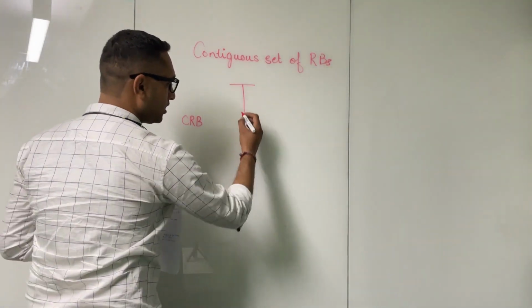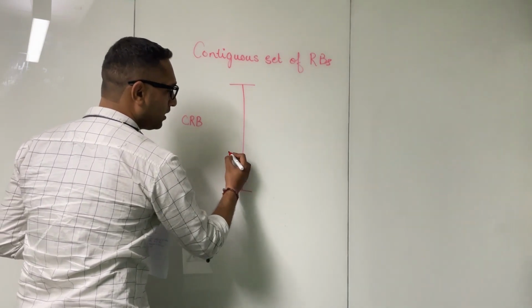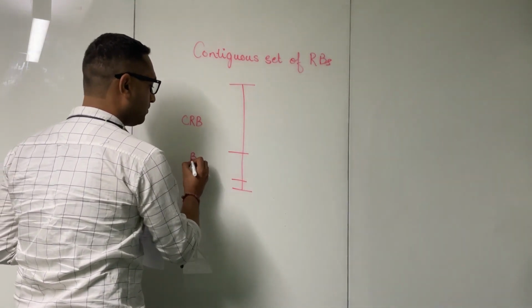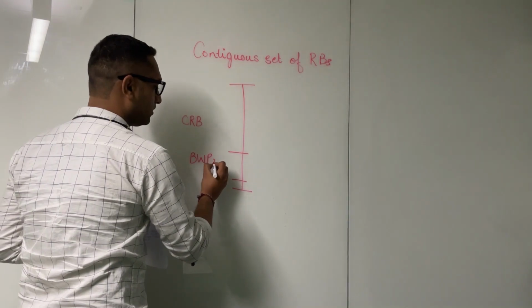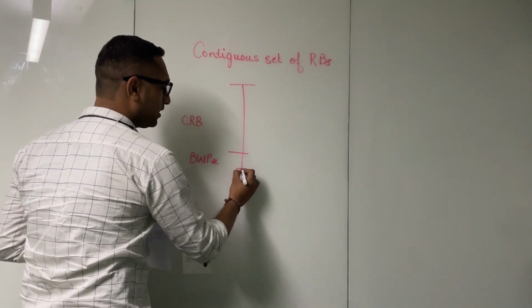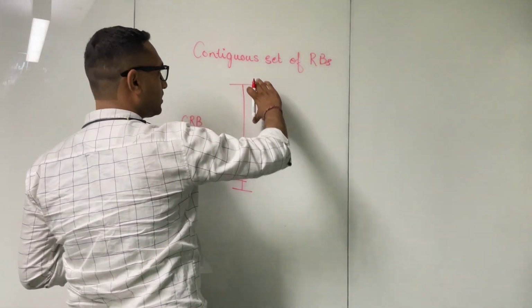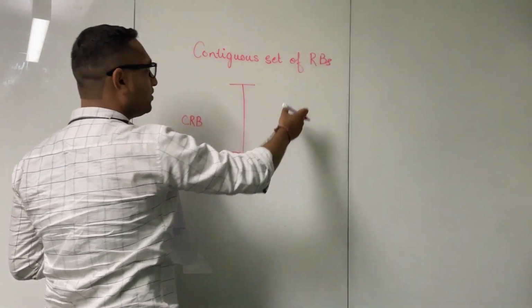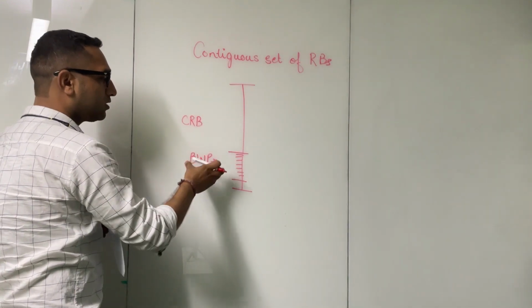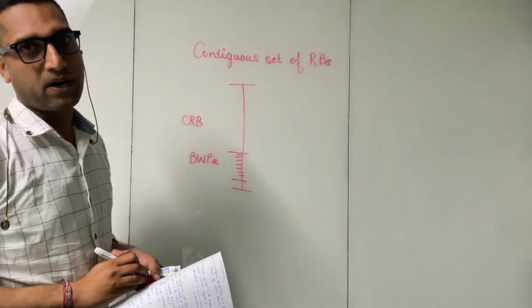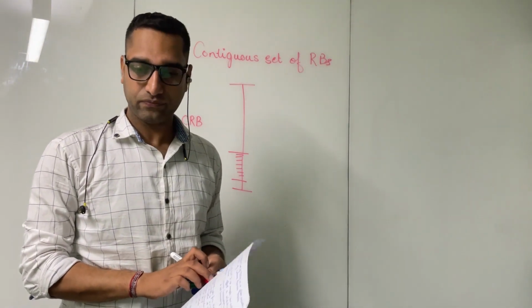Let's say this bandwidth is divided from here to here in a BWP, say BWP index, and it will contain certain RBs, which will be called PRBs. So the contiguous set of RBs, which is a subset of CRBs, is called a bandwidth part in 5G.